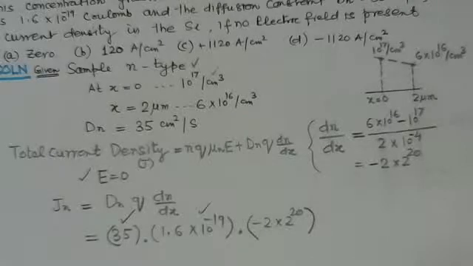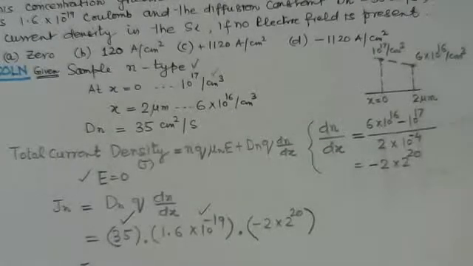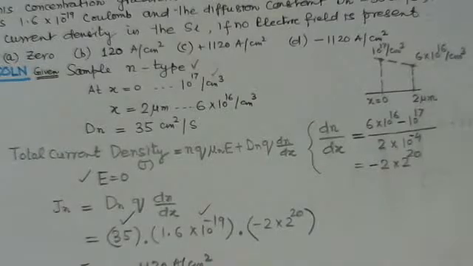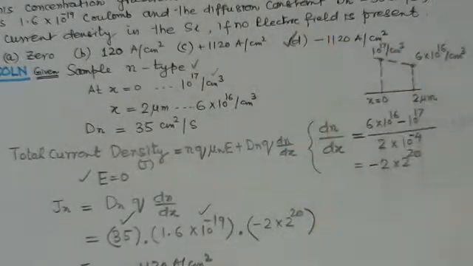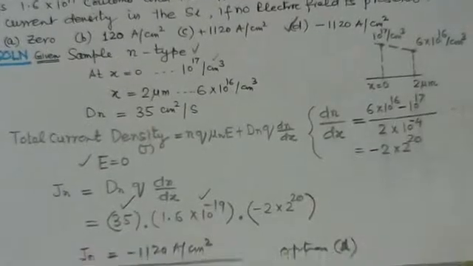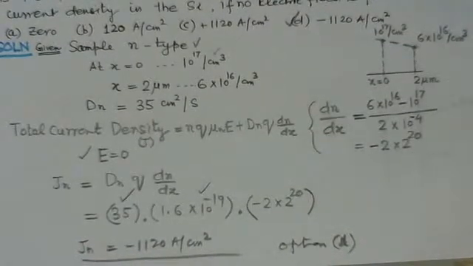If we solve this problem, the value of Jn comes to be minus 1120 amperes per centimeter square. This is the current density, and this is option D. Option D is the correct option. So this is the solution to this problem. Thank you.